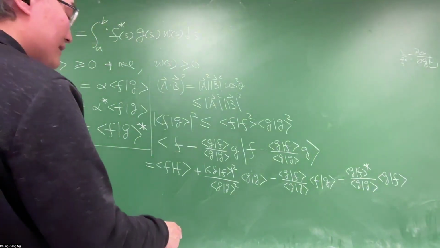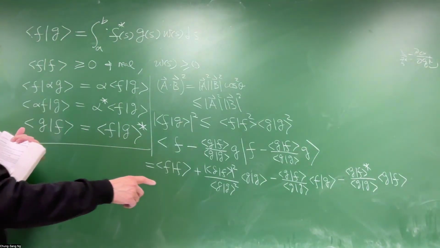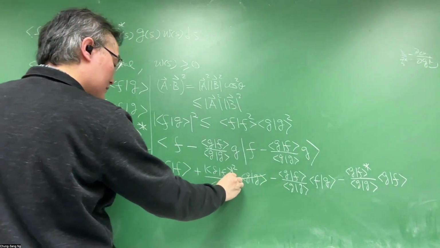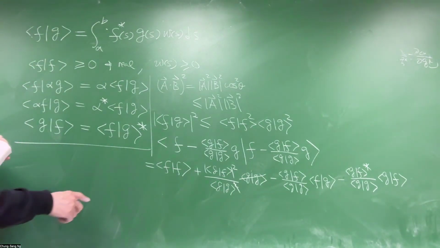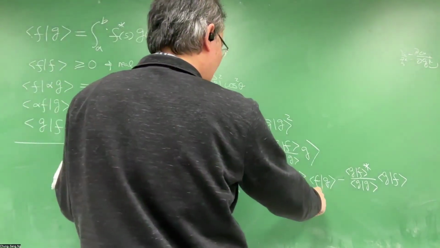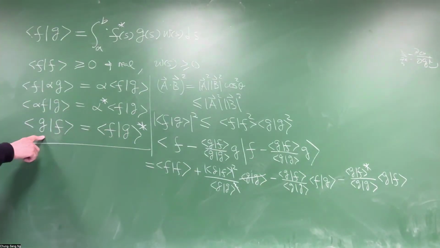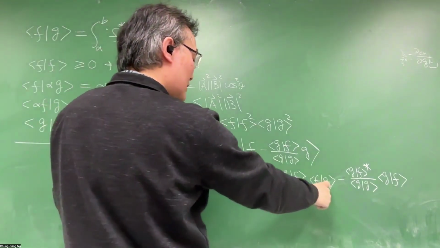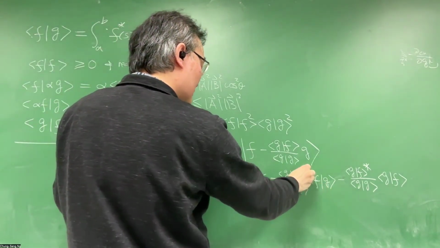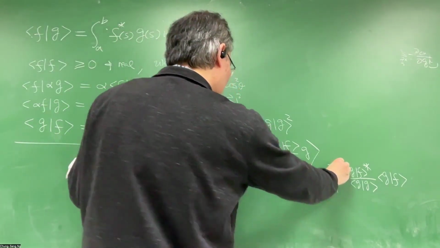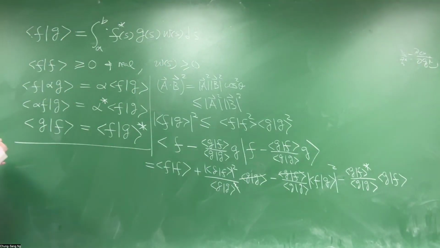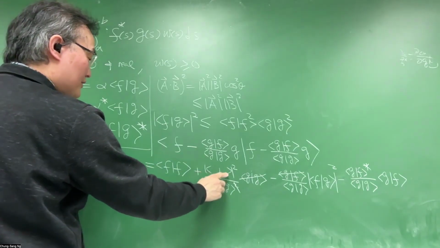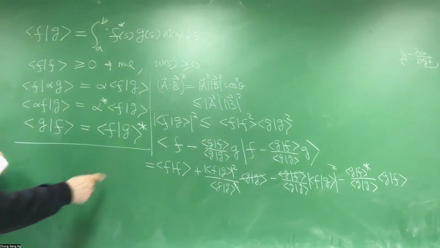Okay, now we do cancellation or simplification. This one cancels with one factor here. And then use this property: GF is the FG complex conjugate. So these two combine to just the magnitude squared. The complex magnitude squared of GF is just the complex magnitude squared of FG, right?